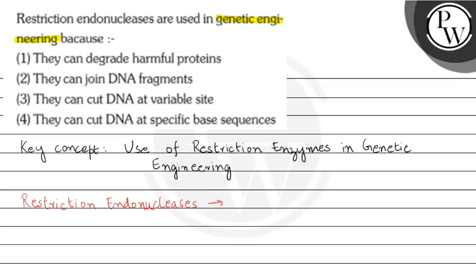So restriction endonucleases are responsible for the cleavage of DNA only at specific sites. They have a very interesting feature: they only recognize a particular sequence of DNA and then cleave the DNA at a specific site only.